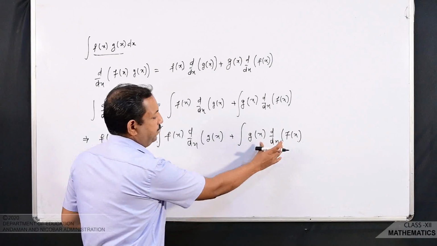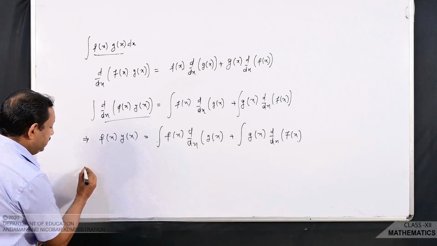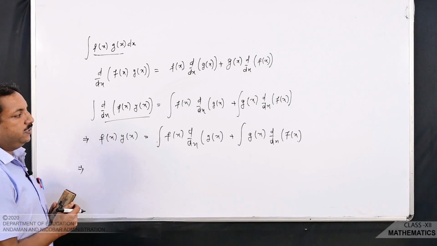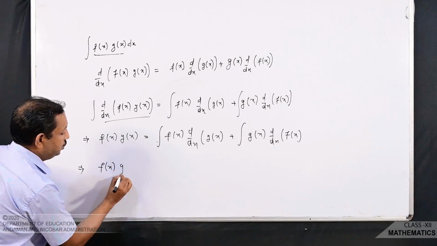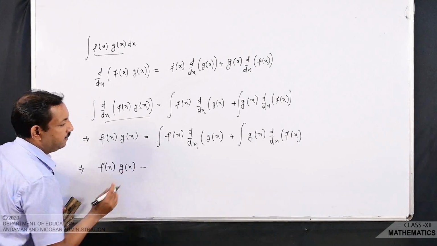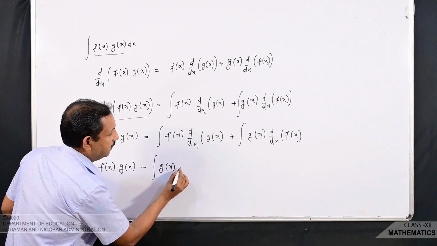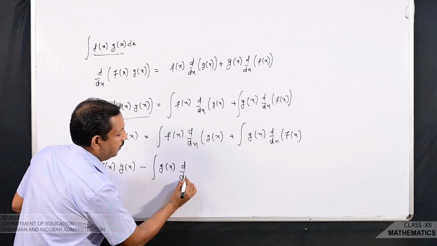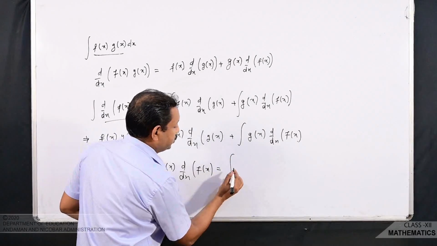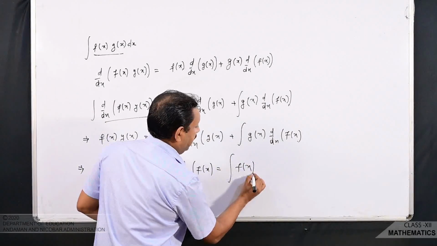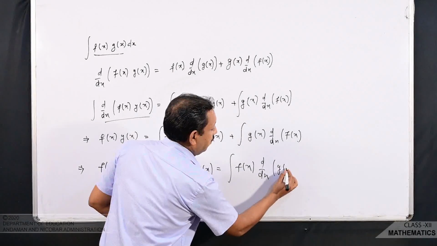Now, I want to shift this part to the left hand side. That means you have f of x, g of x minus the integration of g of x and the derivative of f of x is equal to the integration of f of x and the derivative dx of g of x.